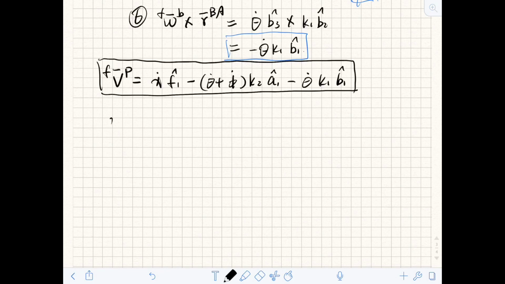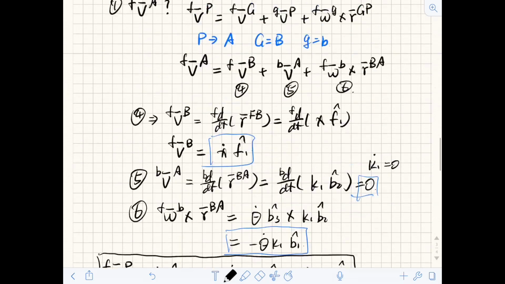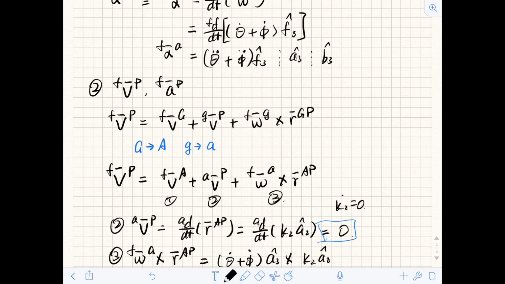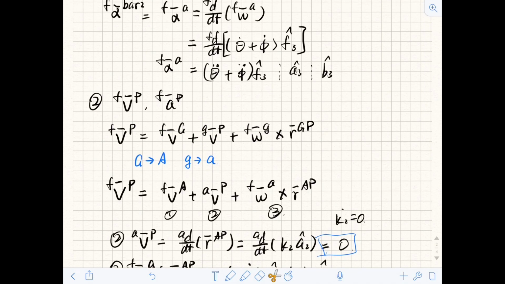Next, for acceleration expansion. If we were to find the acceleration of point P in F, let's rewrite the acceleration expansion first. Again, we can use the same approach that we use for velocity expansion.